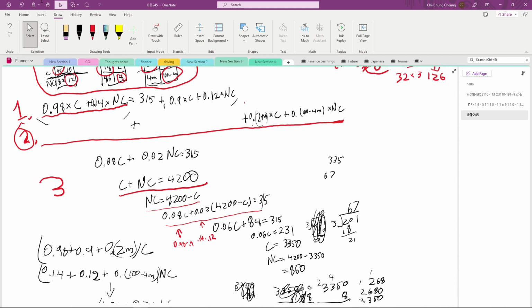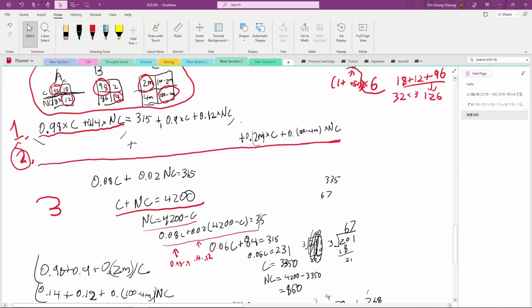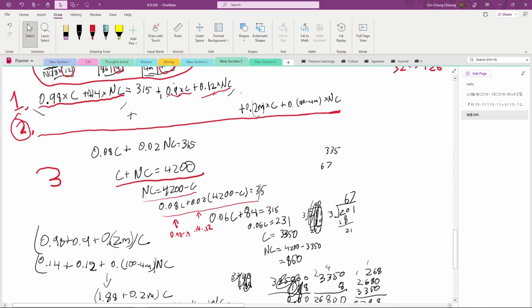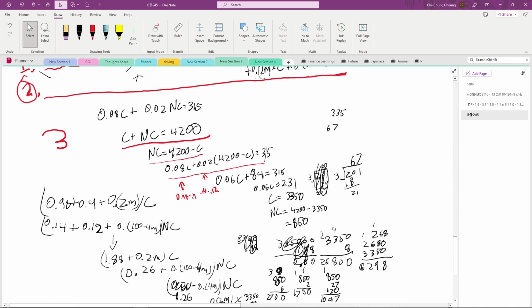Okay. And then I just brought these two to the left side. So 0.08C minus 0.02C, that's 0.06C.